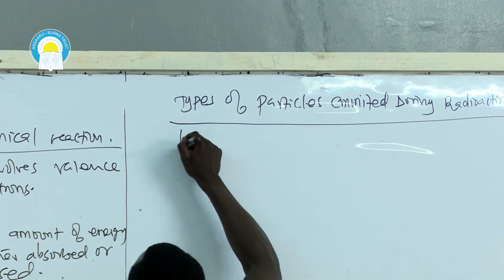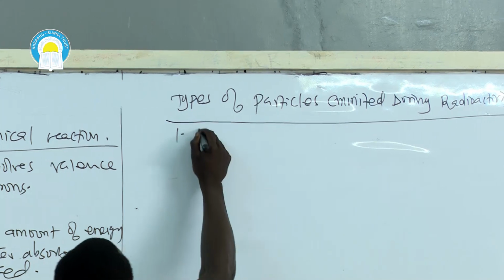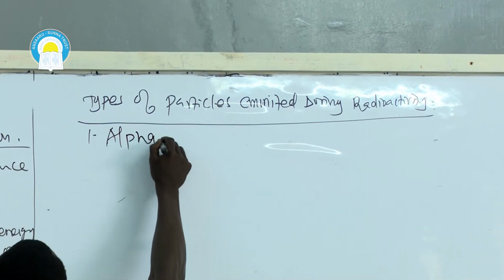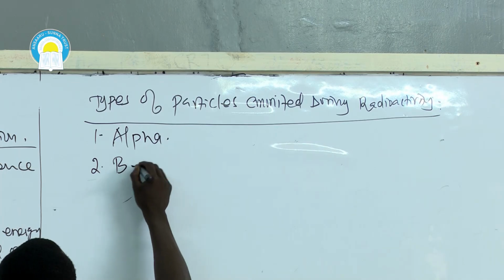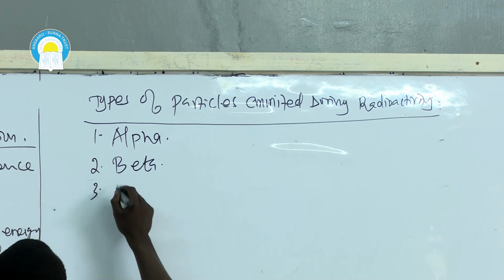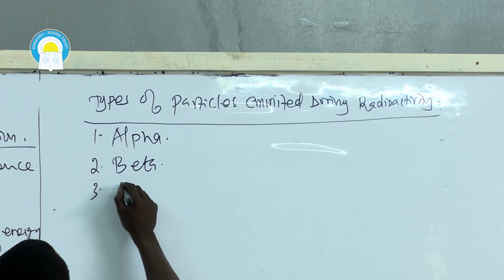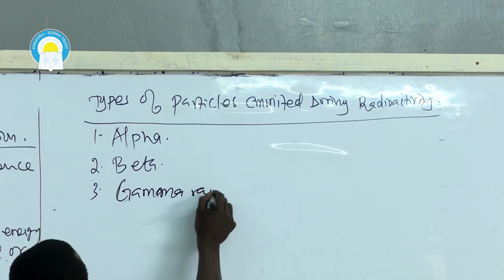So one, we have already said that we have the alpha particle. Two, we have the beta particle. Then three, we have the gamma rays.